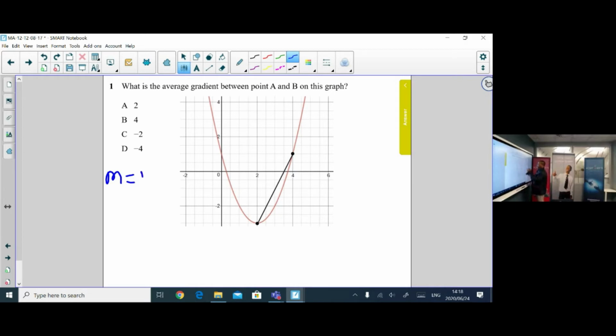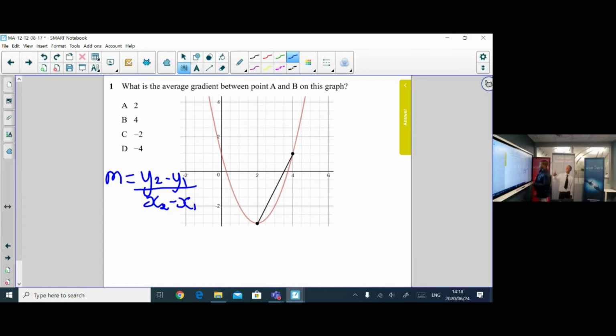And so you remember your gradient formula is y2 minus y1 over x2 minus x1. So it comes like this. And by this we simply mean that you can substitute different values on y and also on x.